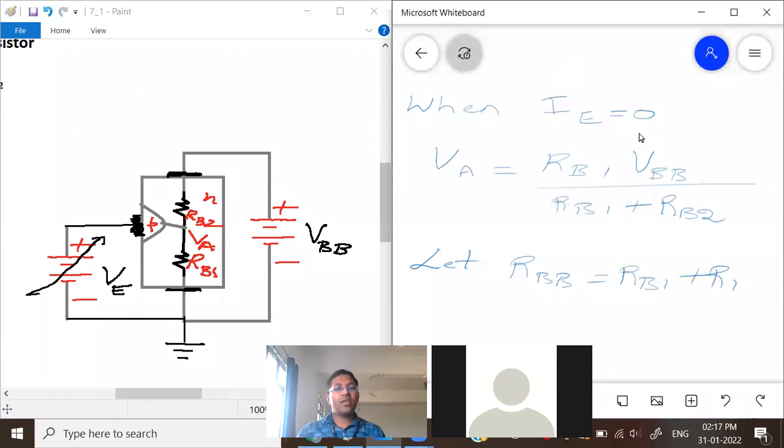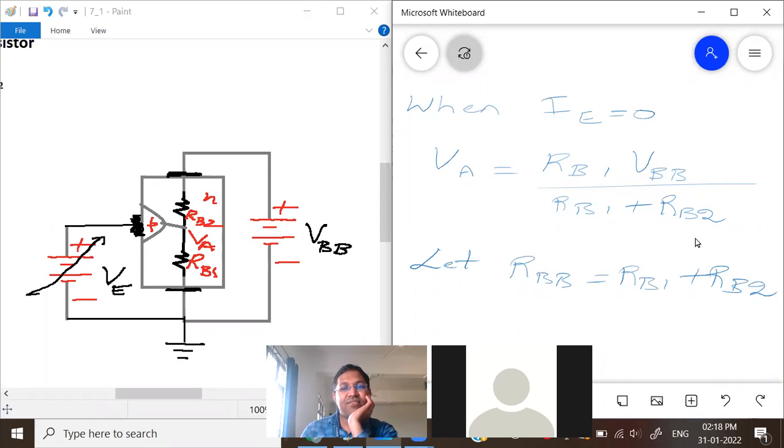RBB, the entire resistance between B2 and B1, we can write as RB1 plus RB2. So we can represent VA as RB1 by RBB.